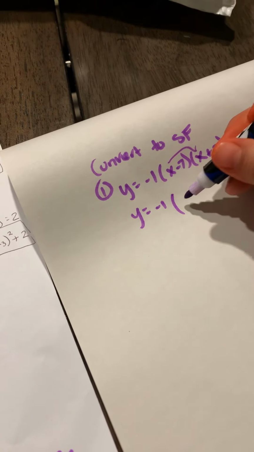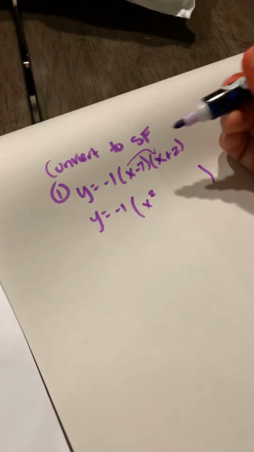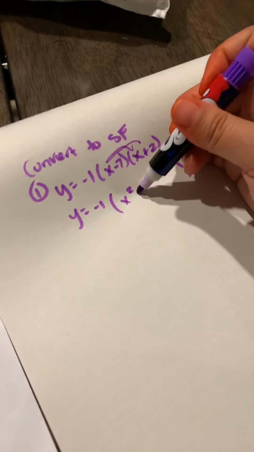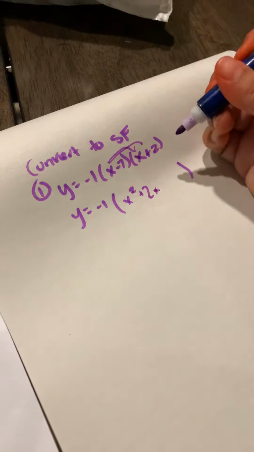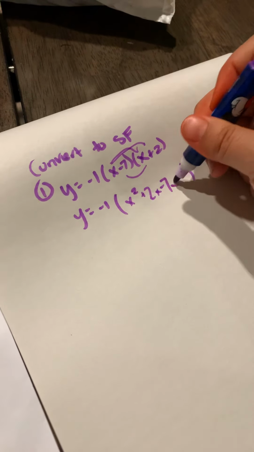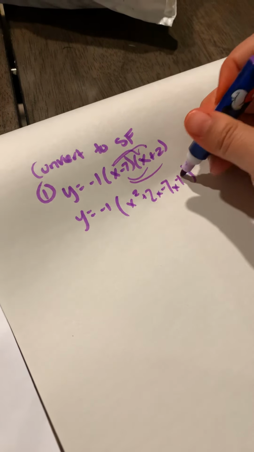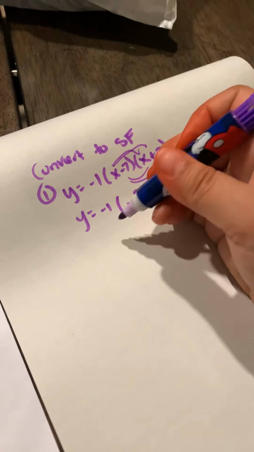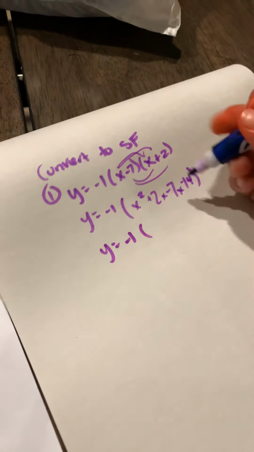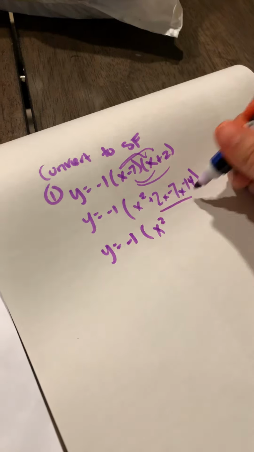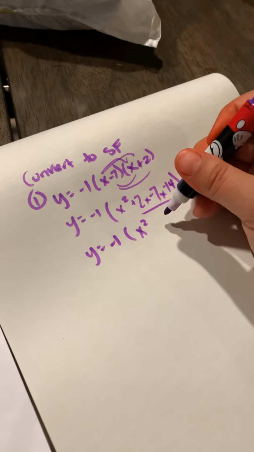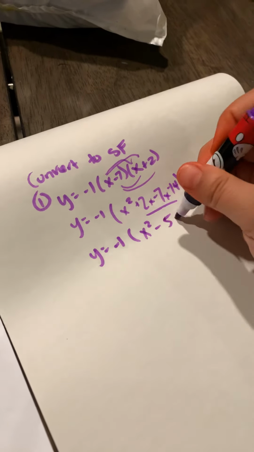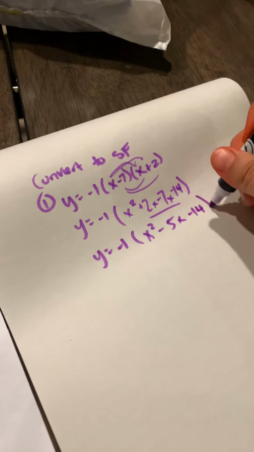So x times x is x squared, and then x times 2 is 2x, and then -7x, and then minus 14. X squared. I'm going to combine like terms right here. So that's -5x minus 14.